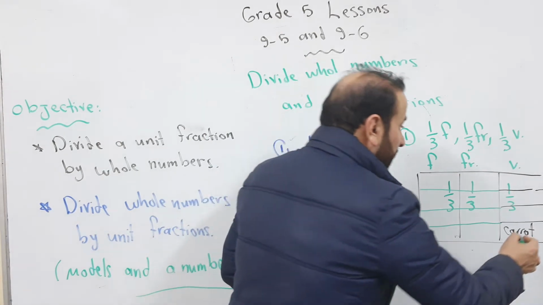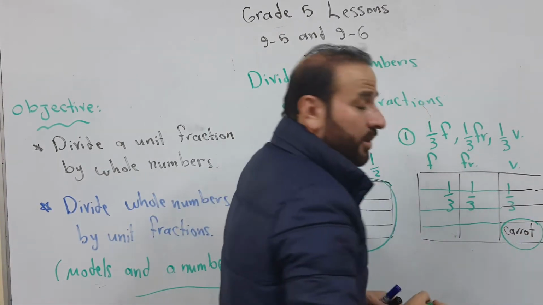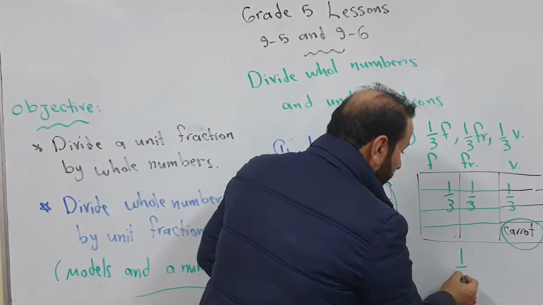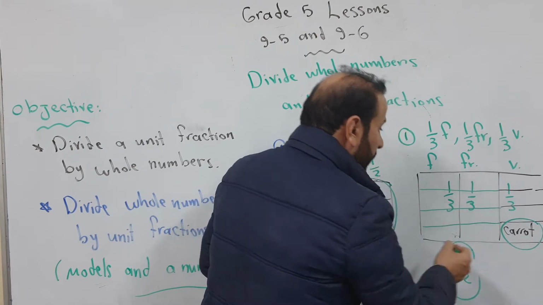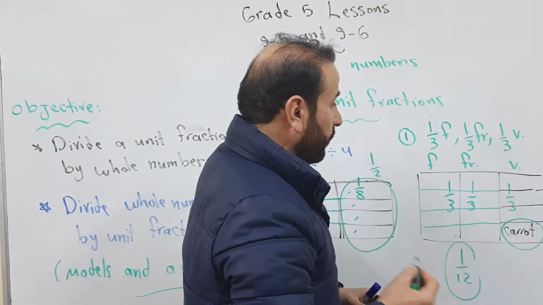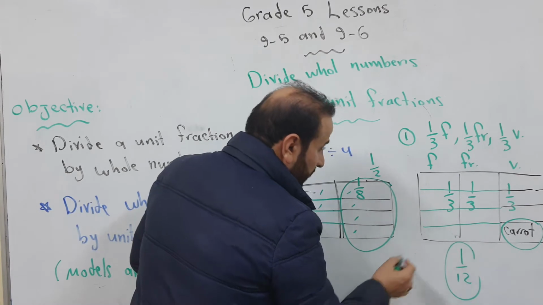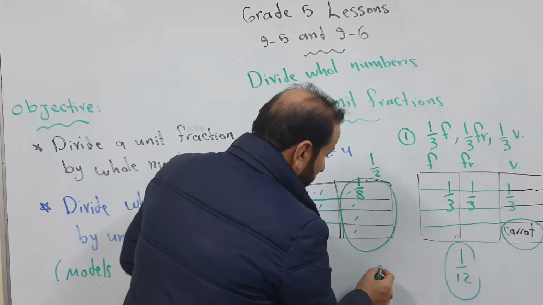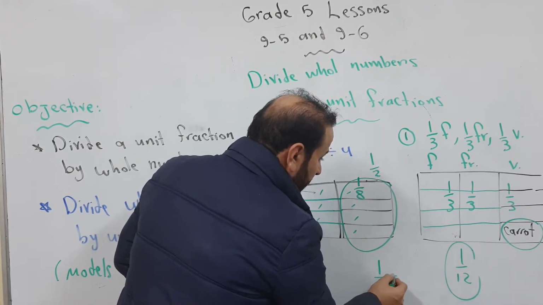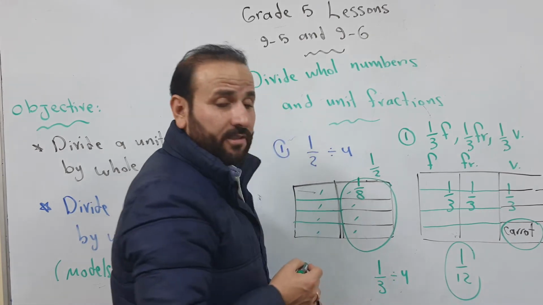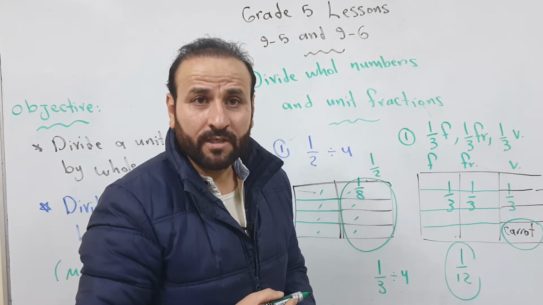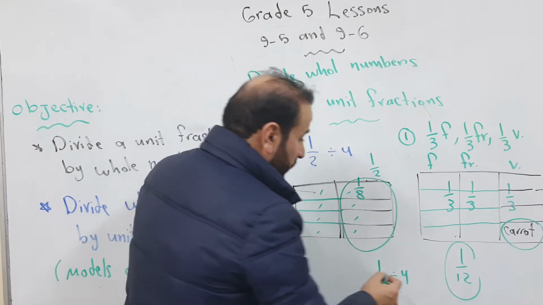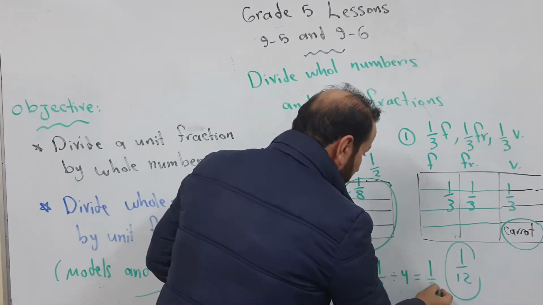So the carrot will be 1 over 12, because I'm dividing 1 over 3 into 4 sections. 1 over 3 divided by 4 sections equals 1 over 12.